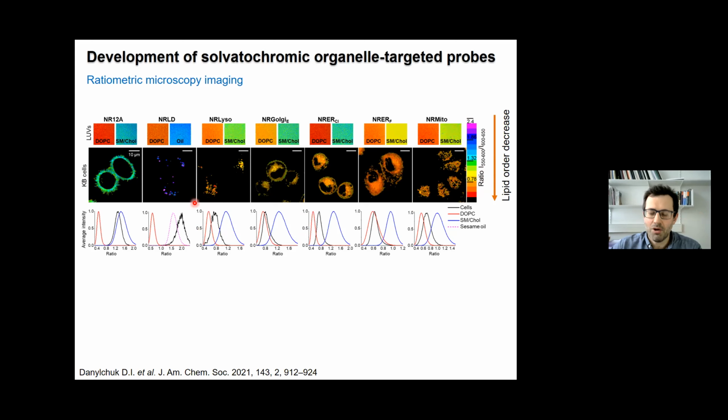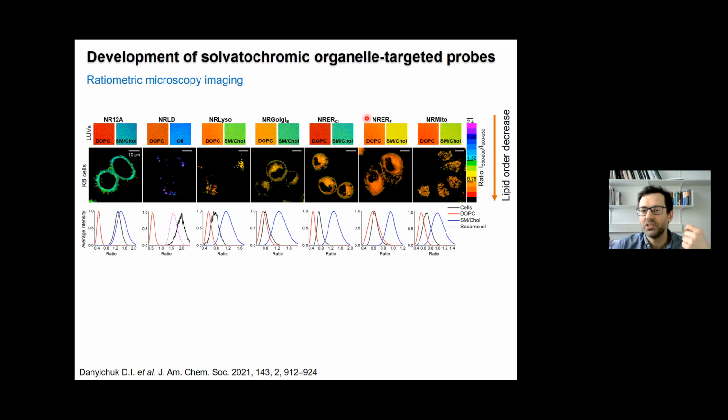So to be more independent of the probe structure, we calibrated each individual probe using liposomes. In each case, we used DOPC liposomes or sphingomyelin-cholesterol liposomes, did the imaging, and like this constructed the color. And then this could be used to interpret the color that we observe here.